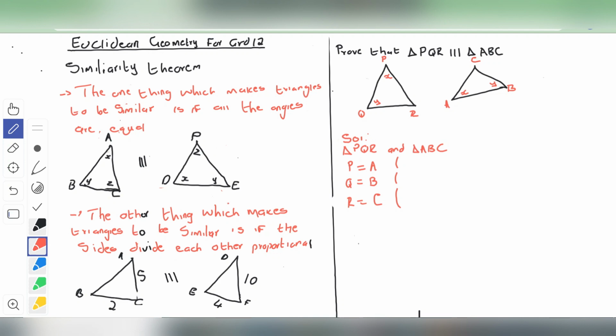Whenever they say prove that PQR is similar to triangle ABC, they already know that the first letter P is equals to the first letter A, and the second letter Q is equals to the second letter B, and the last letter R is equals to the last letter from the second triangle, which is C. They already know that, so you must also write them to show them that you know.